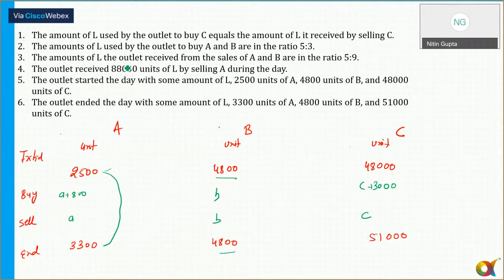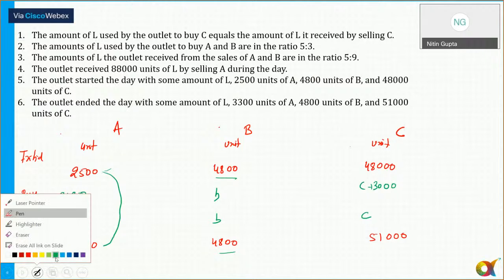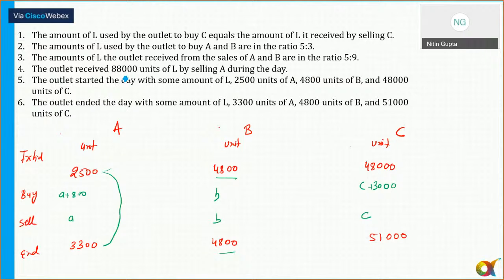Statement number 4 says the outlet received 88,000 units of L by selling A. So by selling A, we are receiving 88,000 units of L. These are the units in terms of L. I had to find out how many units of A that is, with respect to L.